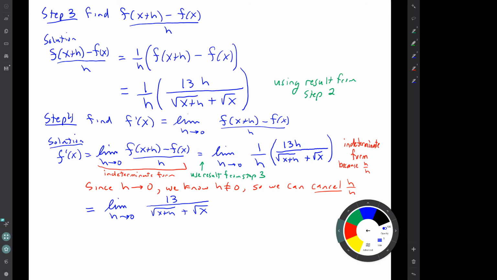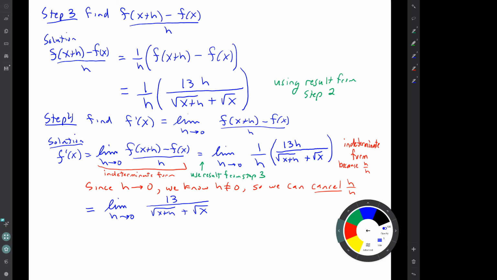Now, this expression that we've got, that we have to take the limit of, is not a rational function, but it is a function made up of basic functions, and the gist of it is that if you substitute in h equals 0, nothing goes wrong. So we're not using theorem 3, but we're using something like theorem 3.